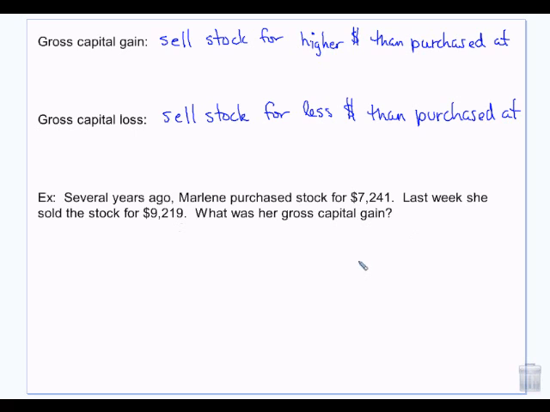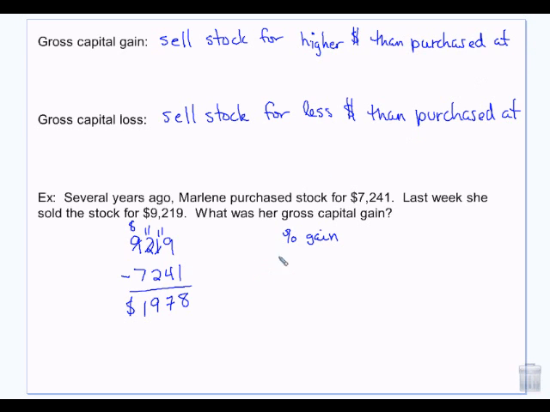Okay, so we've got Marlene who purchased stock for $7,241, and now she sold it for $9,219, and we want to figure out what her capital gain is. So we're just going to subtract. So she made $1,978. The percent gain, right?